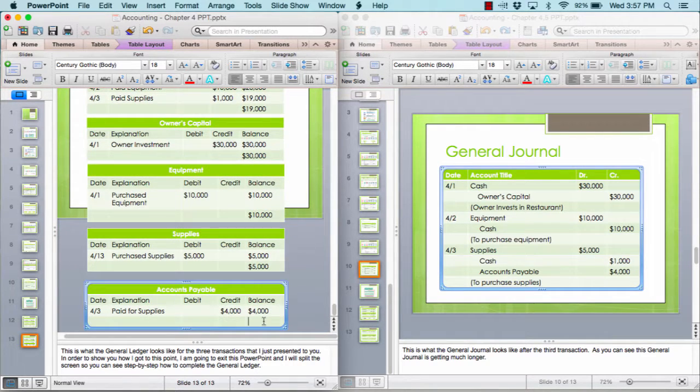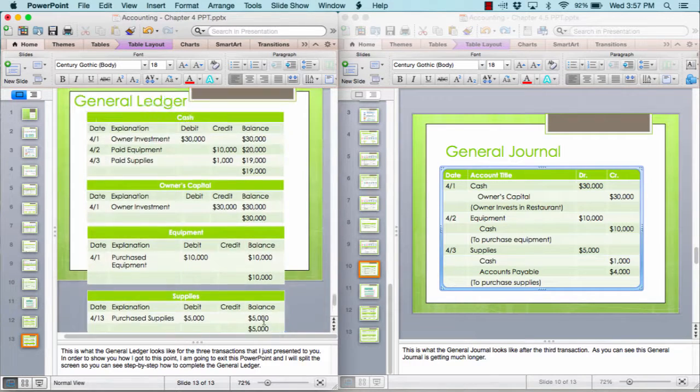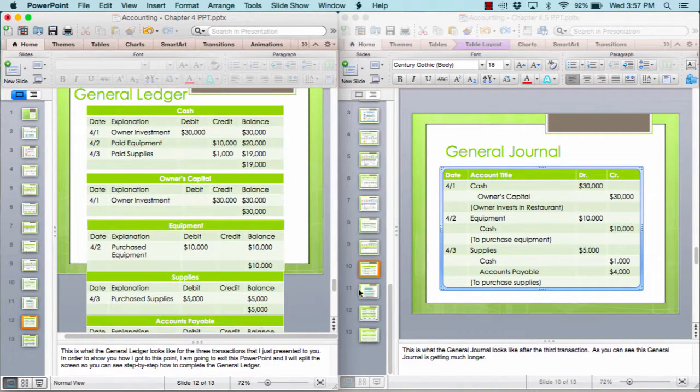This one's 4. And we are done. We recorded all of the general journal transactions into the general ledgers.